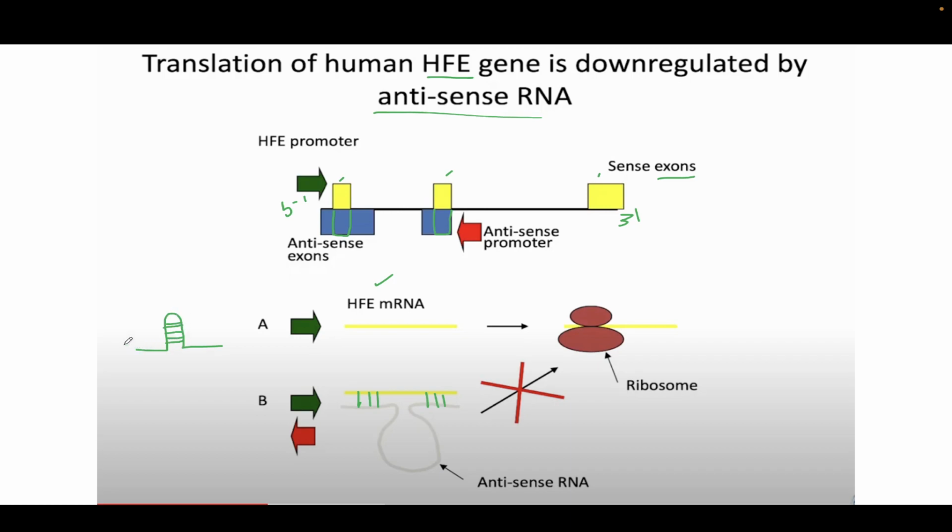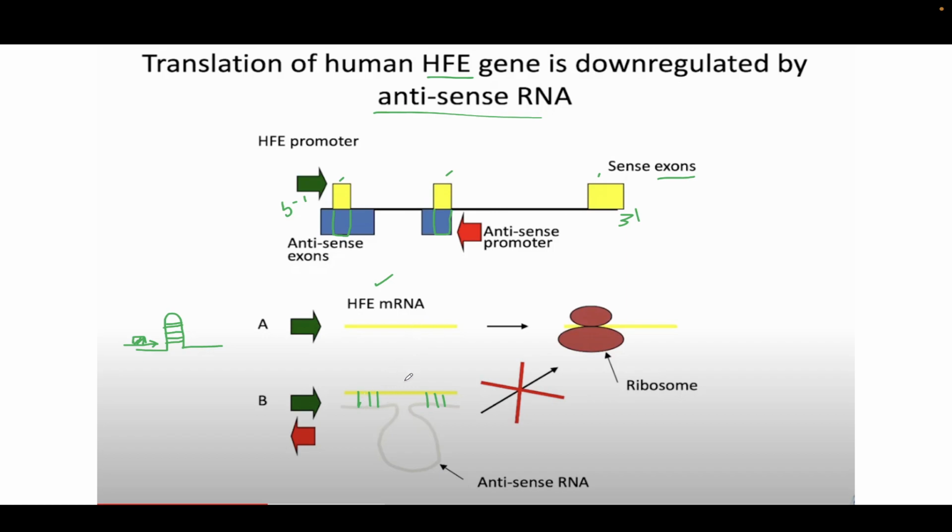Now the protein or enzyme machinery, which is helping in the transcription process, cannot pass across this double-stranded structure of RNA. That's why it will lead to termination of that particular transcription process. Here also we are observing the same thing.